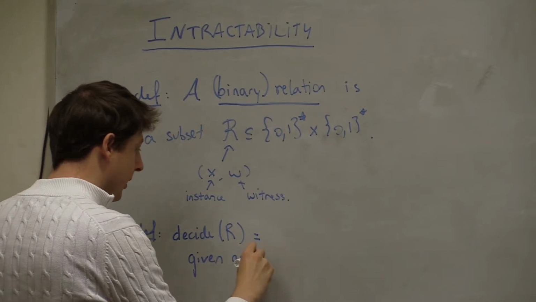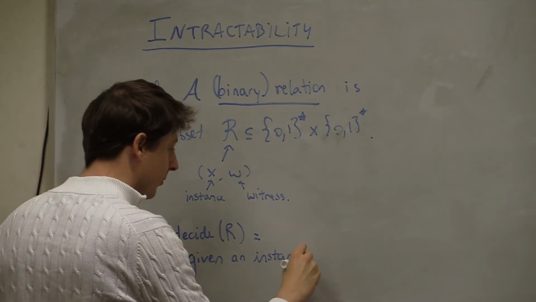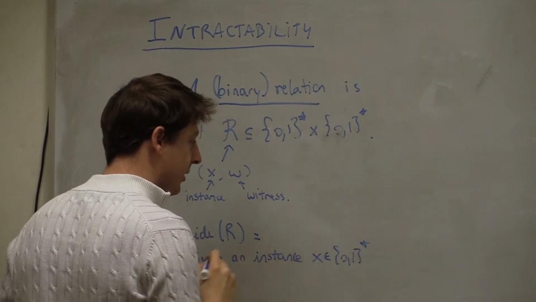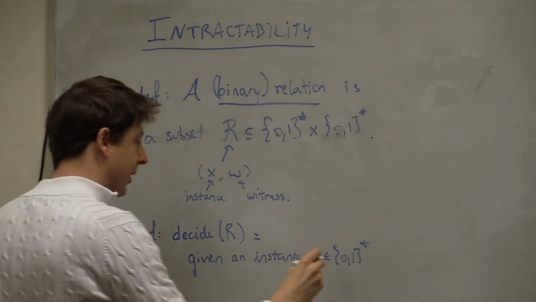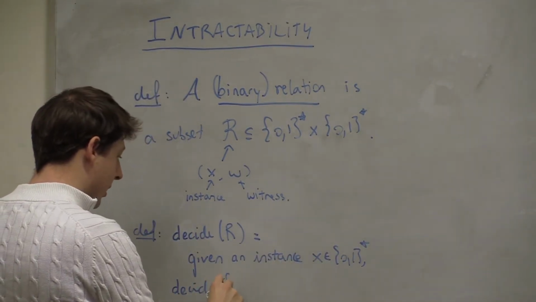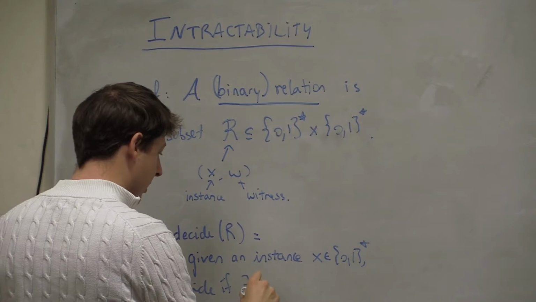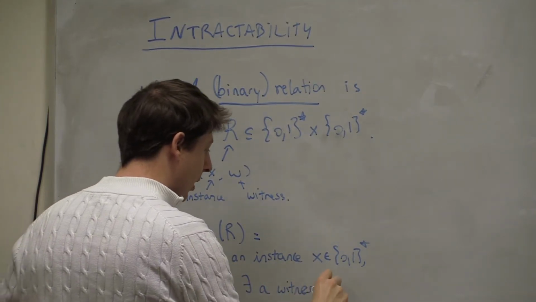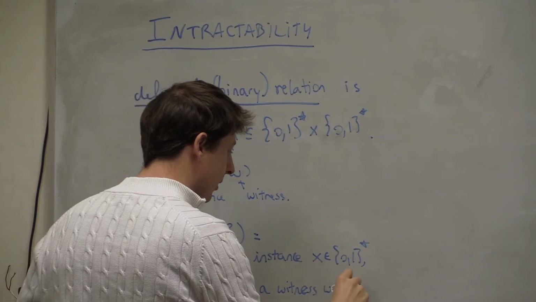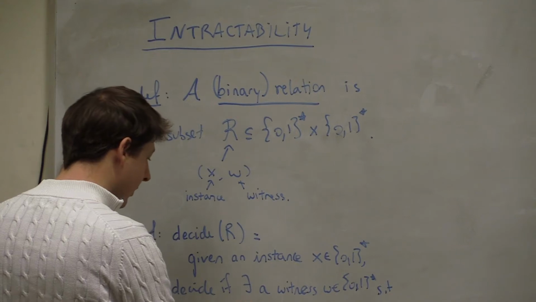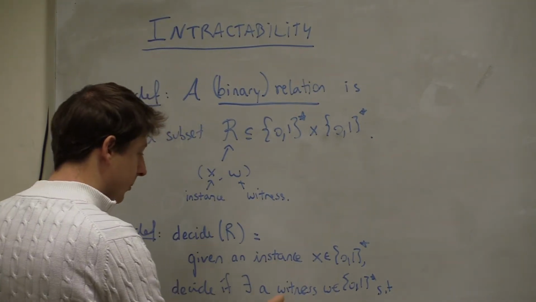Given an instance x, an instance is just a finite bit string, decide if there exists a witness w, another string, such that (x, w) is in the relation.